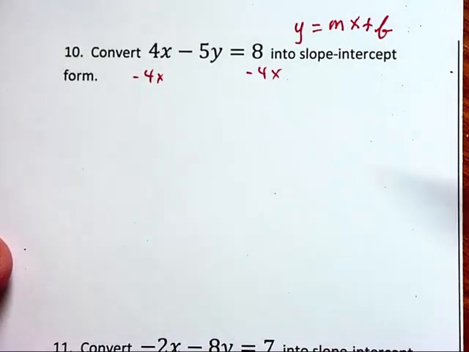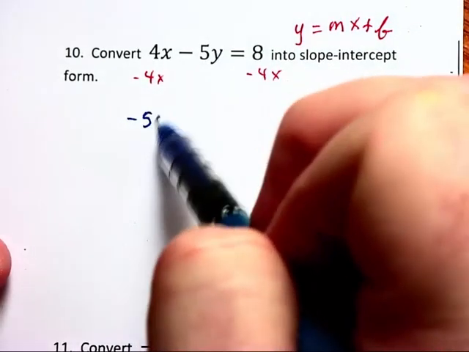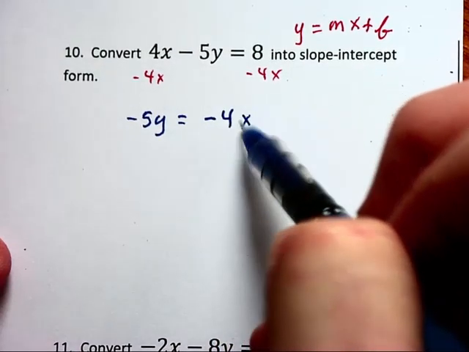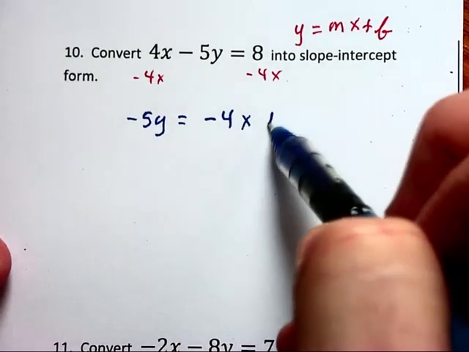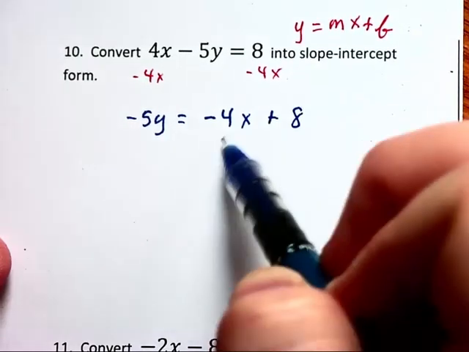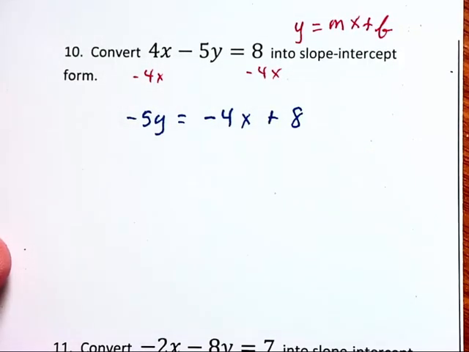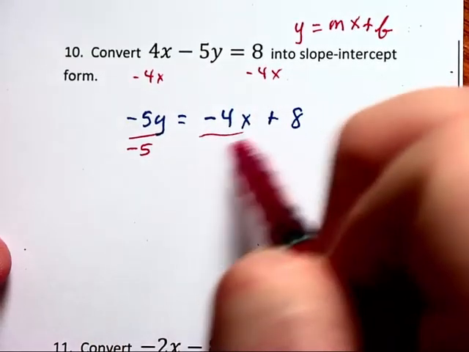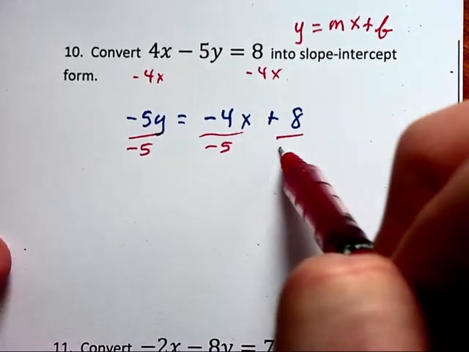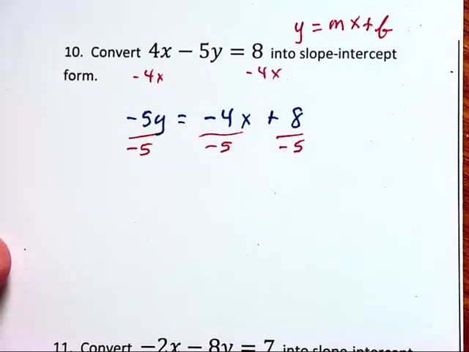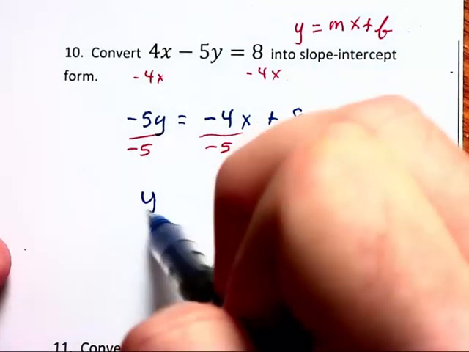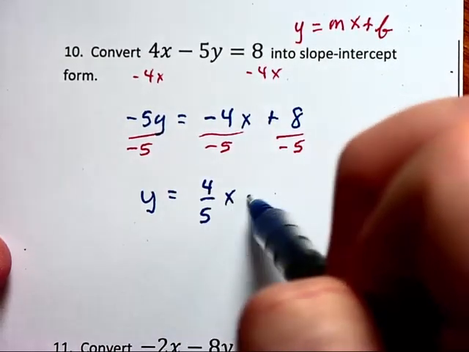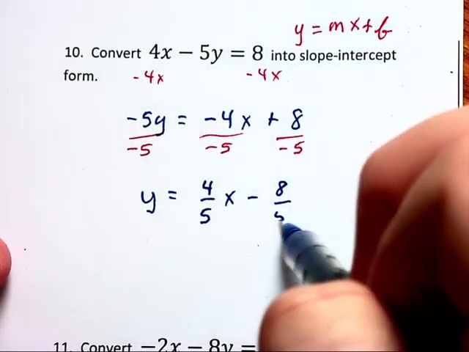That's going to give us negative 5y on the left is equal to, and I'm going to write the negative 4x first so I can have my mx together, plus 8. That's not really m because we haven't divided through by negative 5 yet. But when I do divide through by negative 5, then I'm going to have the slope in front of the x just the way I want to have it. And so now we're going to have y is equal to positive 4/5 x minus 8/5.